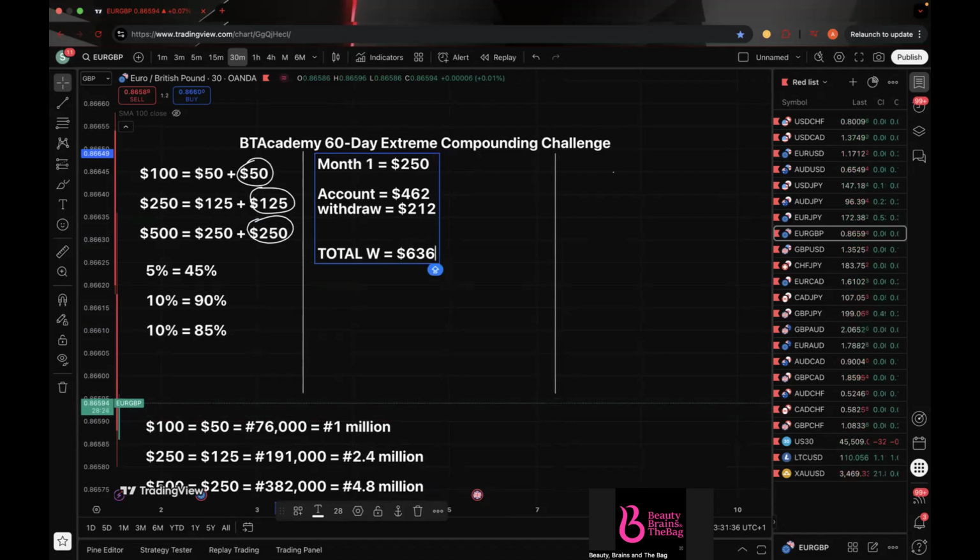That'll be approximately 1 million naira. Then if you're using the $500, okay, 500 times 1.85 will be 925. Then if you withdraw your profit, that will be 425.